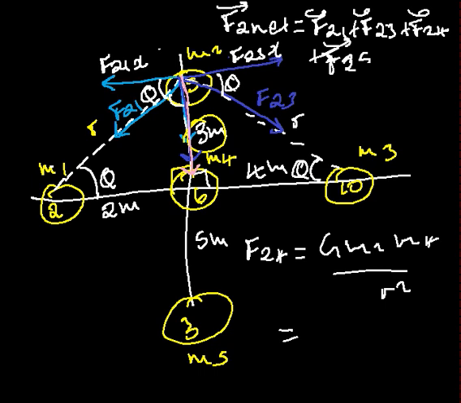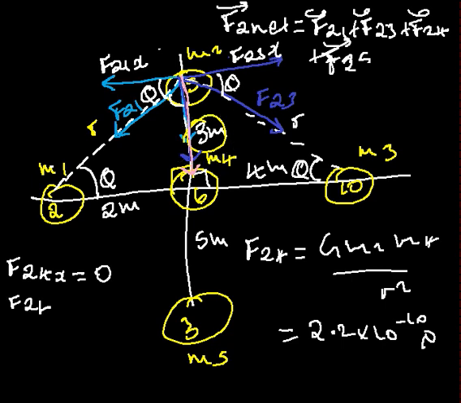And therefore the force is given as 2.2 times 10 to the power negative 10 newtons. That is the force F24. How should you resolve that one? F24x is equal to 0 because the force is along the y-axis. F24y will be negative because it is going downwards, but it will be the same magnitude. I'll take it out and bring it later.